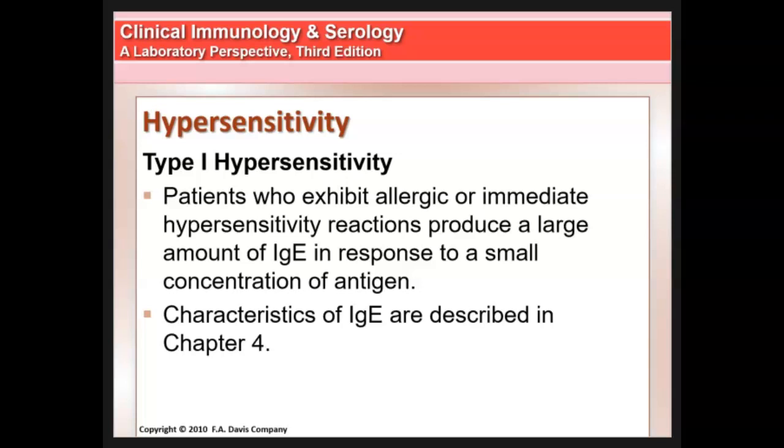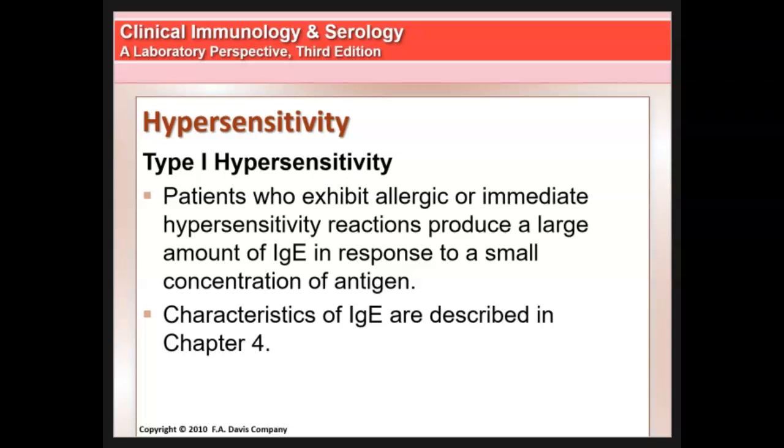But let me tell you about two buddies who were the first researchers to demonstrate the factor in serum that was responsible for type 1 reactions. Kustner was allergic to fish, and Prausnitz was not allergic to fish.